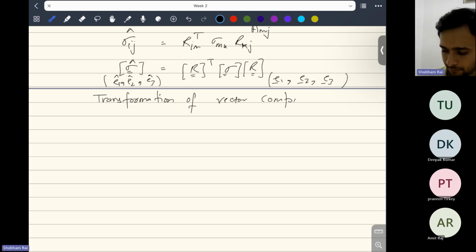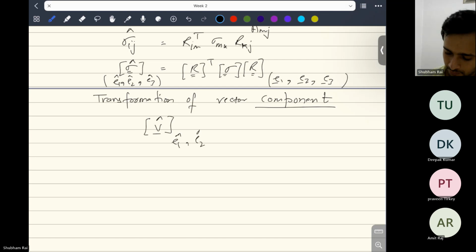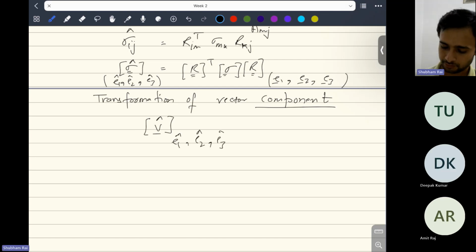Transformation of a vector component will be, let's say you have the v hat vector, expressed in the E1 hat, E2 hat, and E3 hat coordinate system.